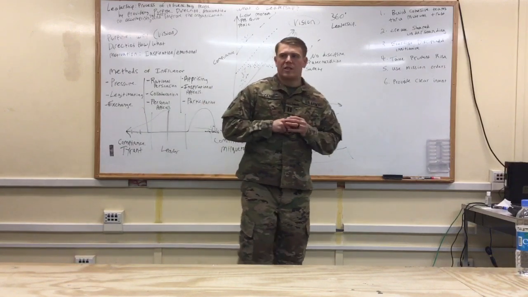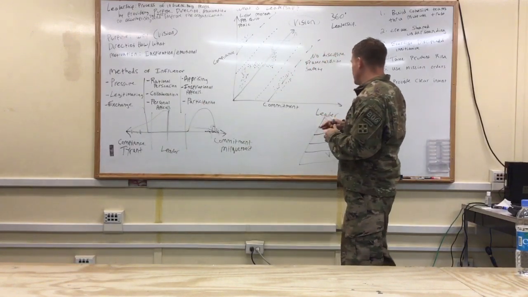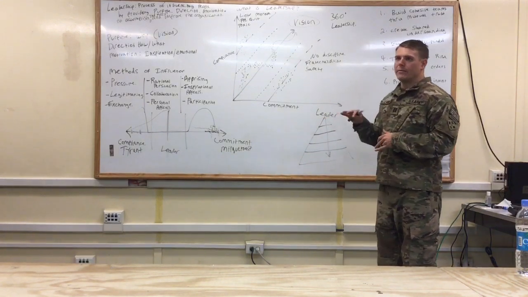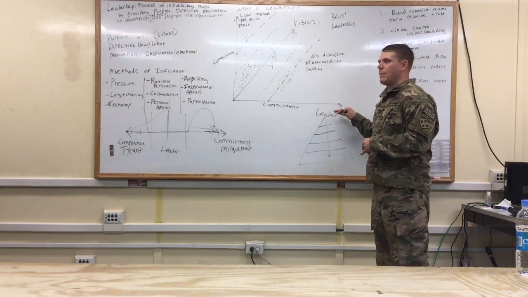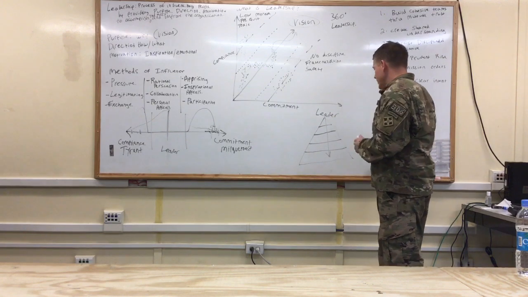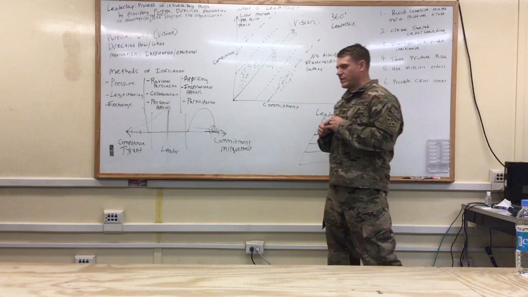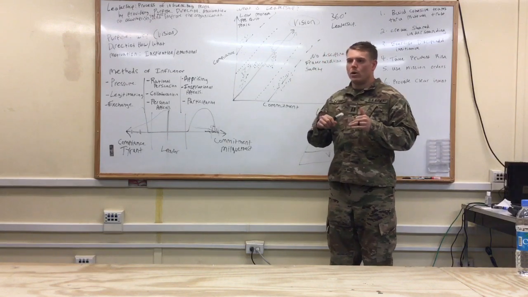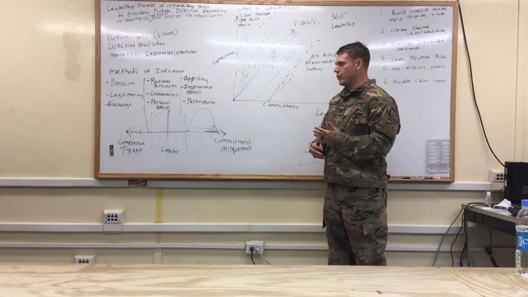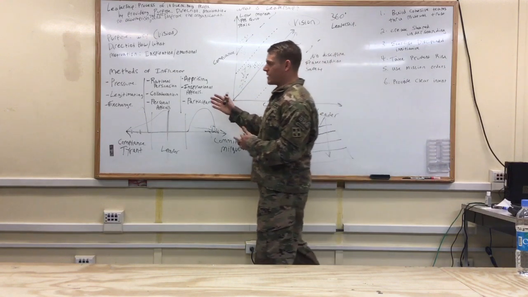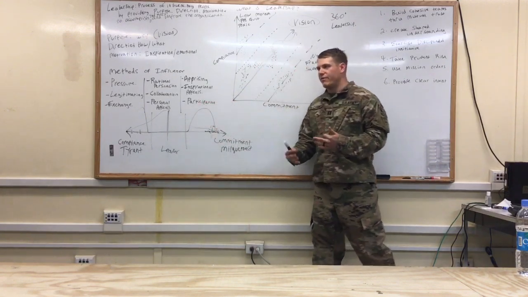But what I would submit to you is leadership is not top-down at all, nor should it be. Leadership should be 360 degrees. What I mean by that is, I'll use myself as an example. When I tell platoon leaders what to do, or we collaborate on a task, I always ask for their feedback.